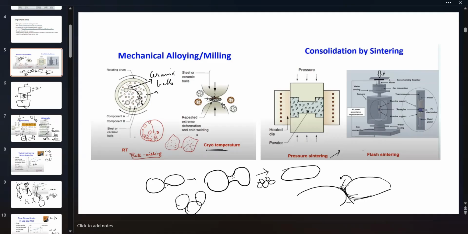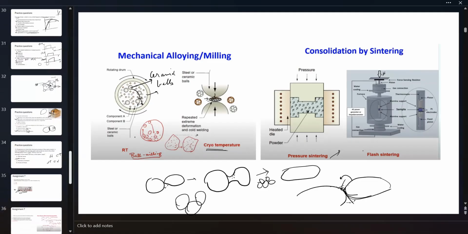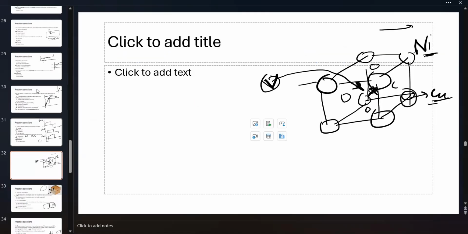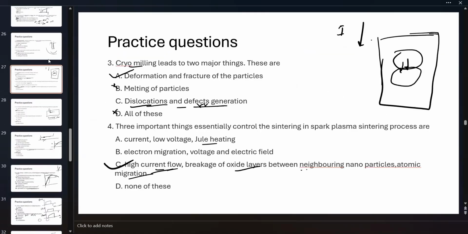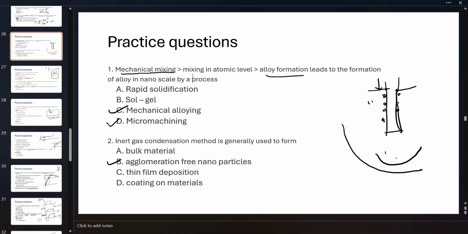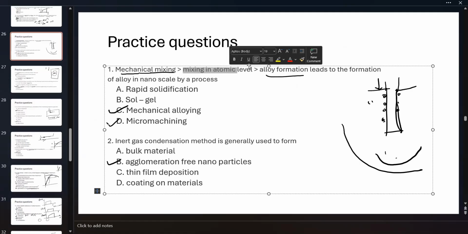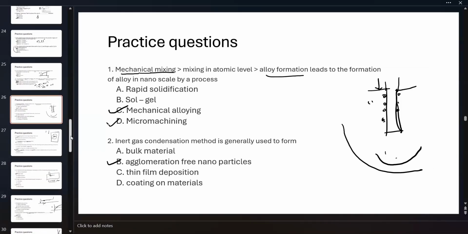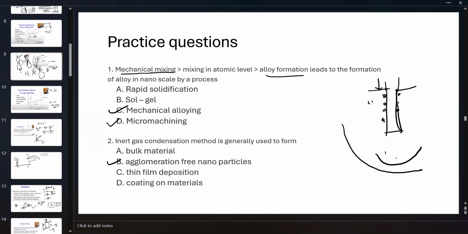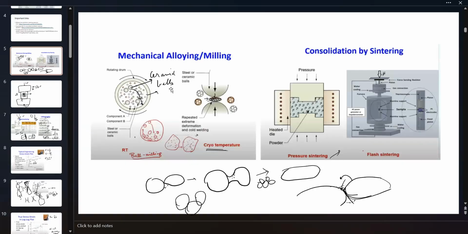Then you have mixing at atomic level, slowly the atoms diffuse from the surface. Right after the impact, they are still sitting close to each other, but they haven't formed a perfect alloy.